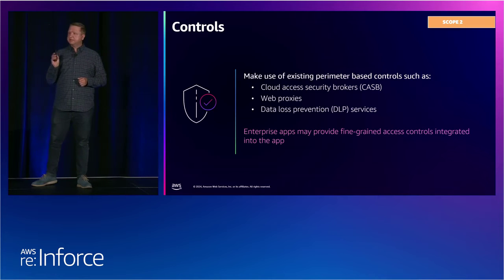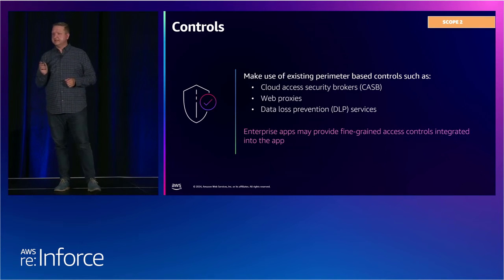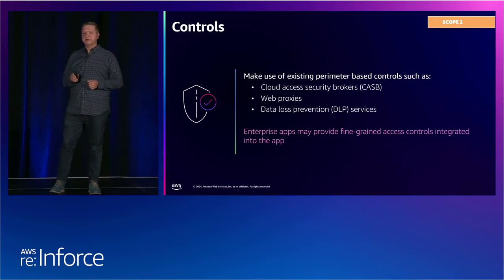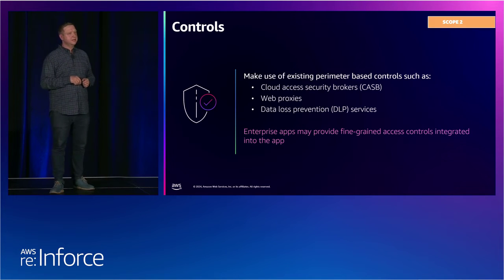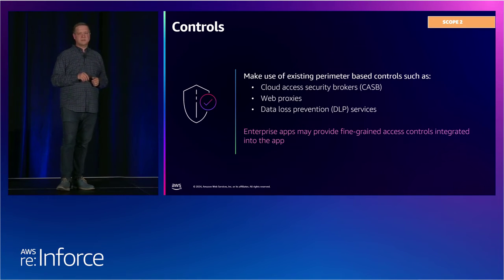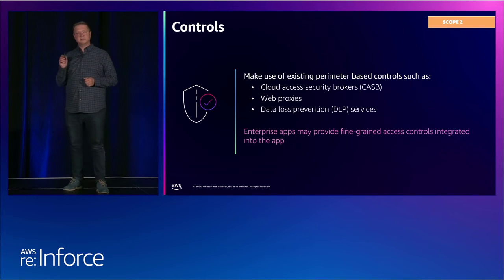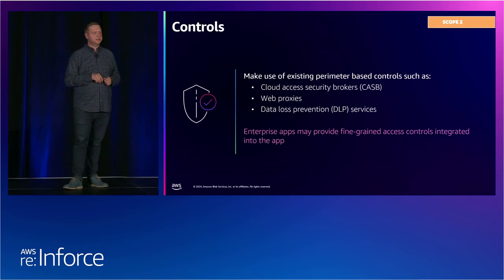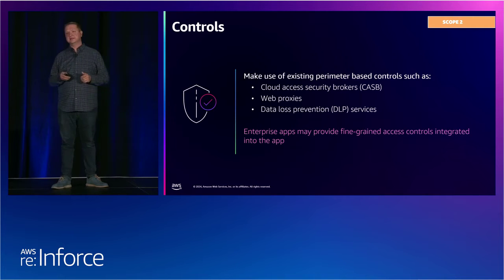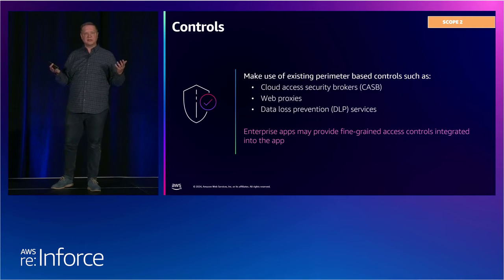But the big difference on controls is identity context matters, right? We heard it in the keynote this morning when we think about trust that Eli Lilly talked about on stage, and then we heard Steve and Chris talk about zero trust. It sounds counterintuitive, but they both go hand in hand.